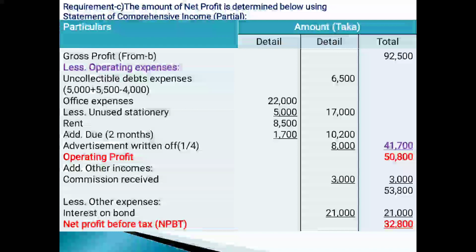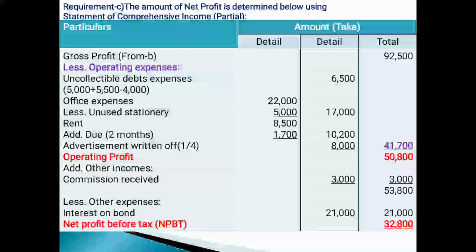Add other incomes, only one item is available, commission received taka 3,000, in the middle column at first, and then you go to the outer column. Less other expenses, one item is available, that is interest on bond, a long term liability, but bond interest is a current liability, and other expenses of taka 21,000 is written in the middle column, and then to the outer column.